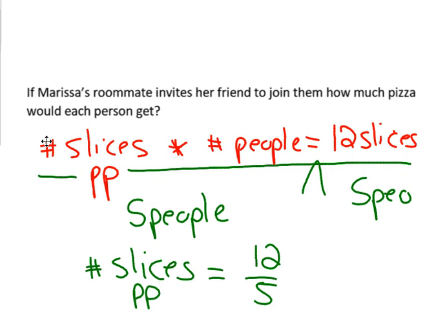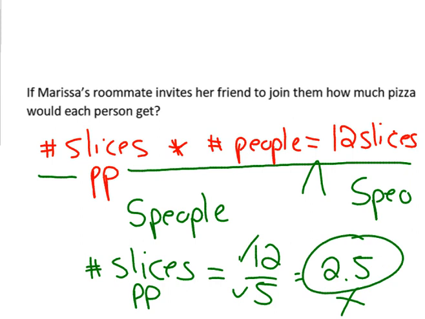Now this is not an integer. We're going to get 2.5. So this example does not work. We use an integer 12, we use an integer 5, but the answer is not an integer.